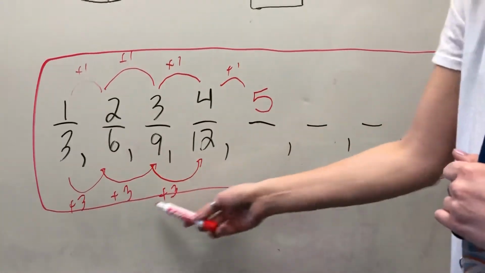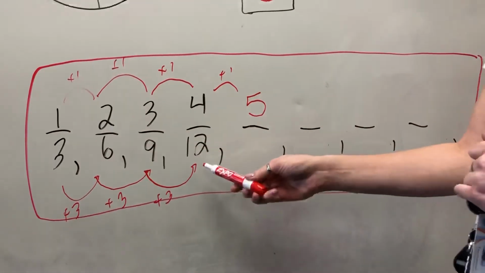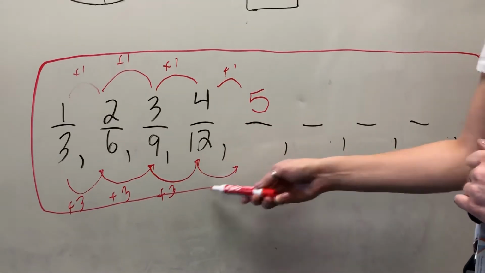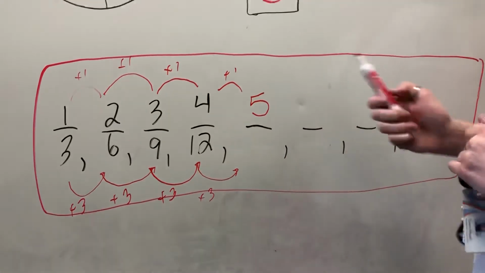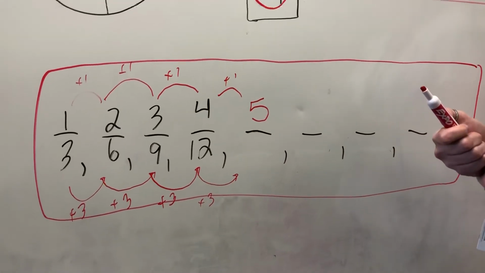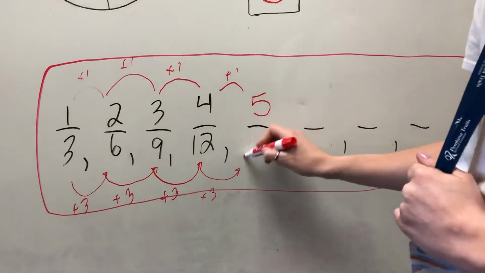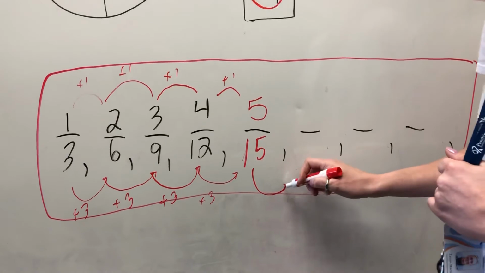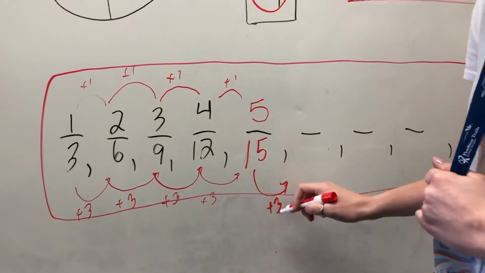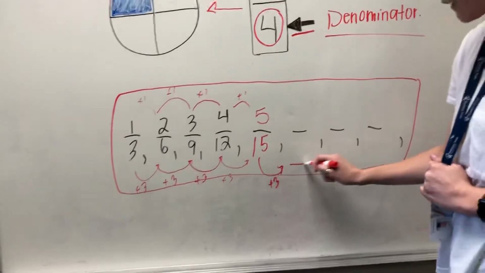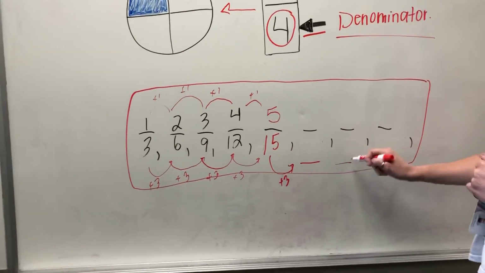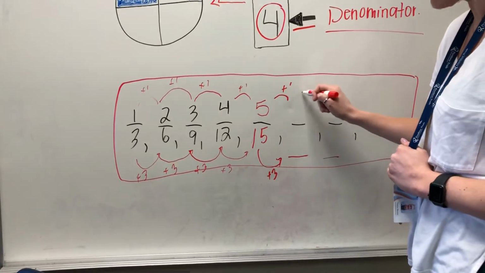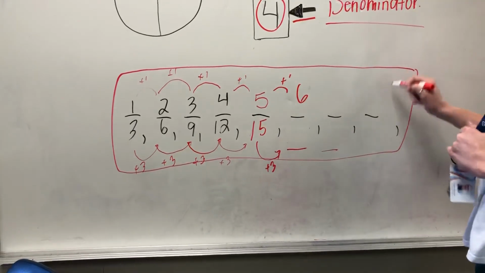You add 3 every time, which means you're counting up by 3s. So if I'm going 12 plus 3, what is my next one going to be? 15. Awesome. So for my next pattern, I'm going to go up by 3 every time to figure out my denominators, and I'm going to go plus 1 every time to figure out my numerators.